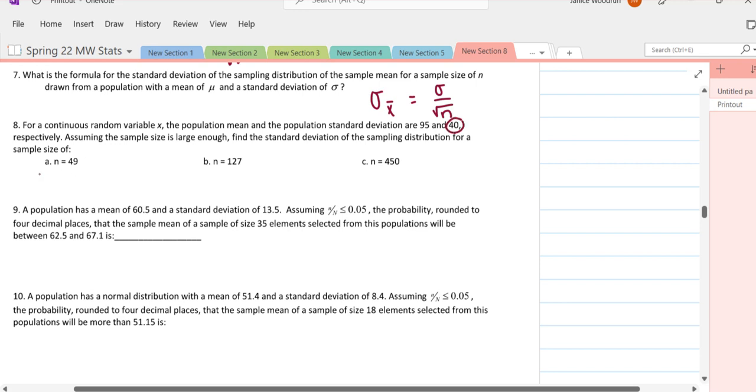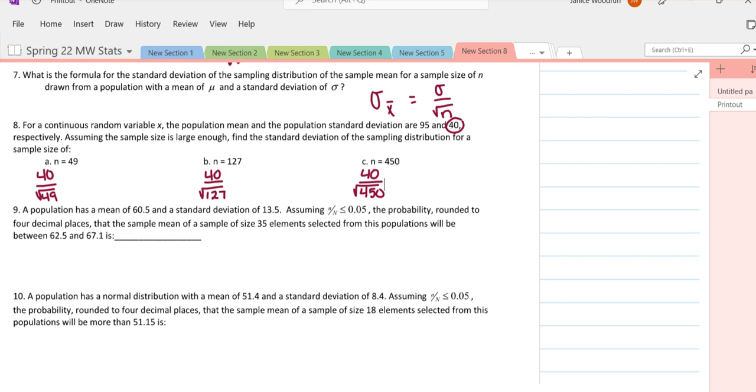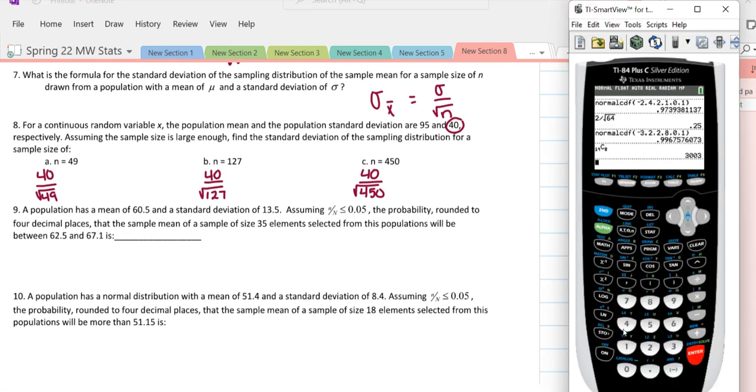And for A, we're going to do 40 over the square root of 49. For B, we're going to do 40 over the square root of 127. And for C, we're going to do 40 over the square root of 450. Okay, so 40 over 7, square root of 49, 5.7143.